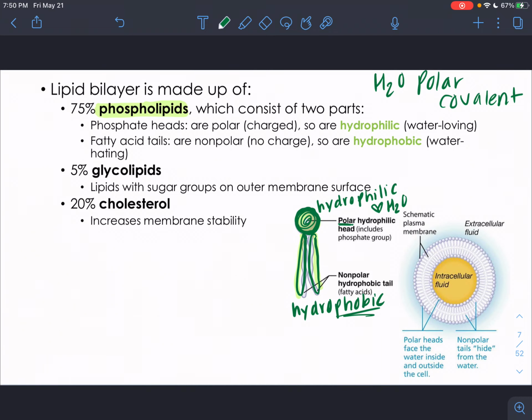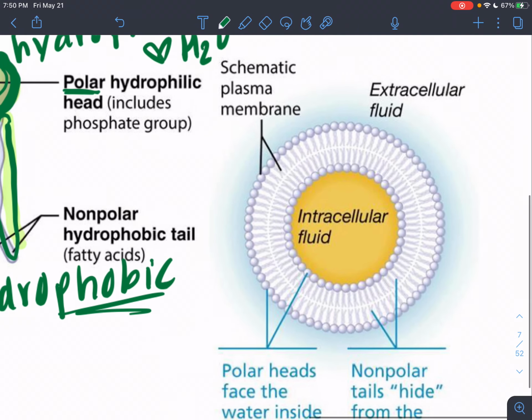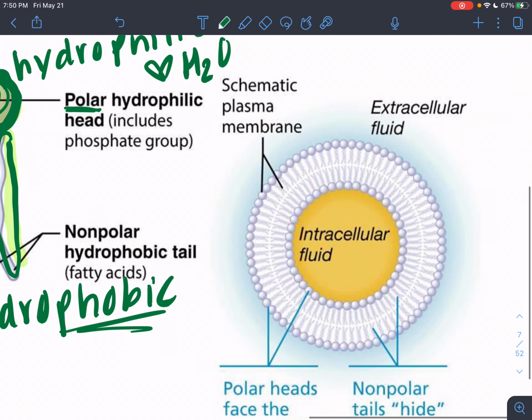Okay, so the majority of the bilayer is made up of those phospholipids, and because of their polar heads and nonpolar tails, they line up in a way where the nonpolar tails meet each other on the inside of the membrane, and the outside are all the polar head groups.